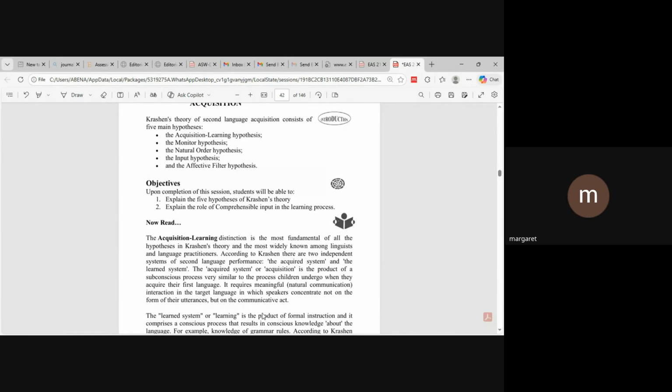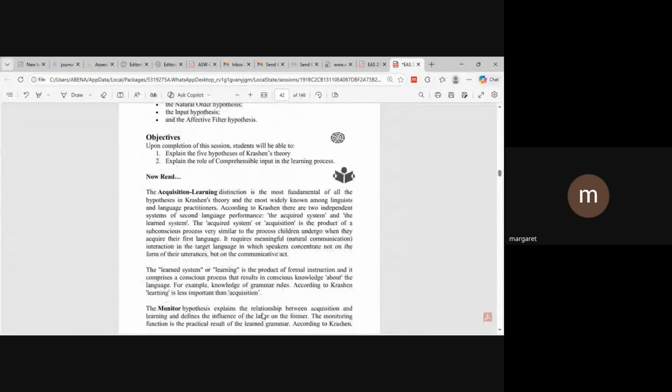So he's saying that we get a language through these two systems, the acquired and the learned system, and this is a fundamental construct in his hypothesis. I have explained the acquired system and the learned system here. The acquired system is a subconscious process. The learned system goes through a formal, conscious process.